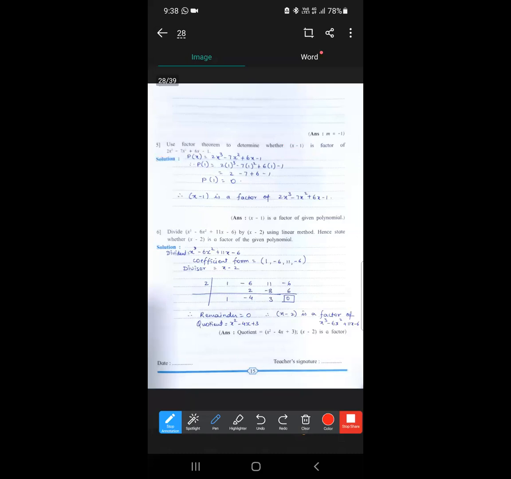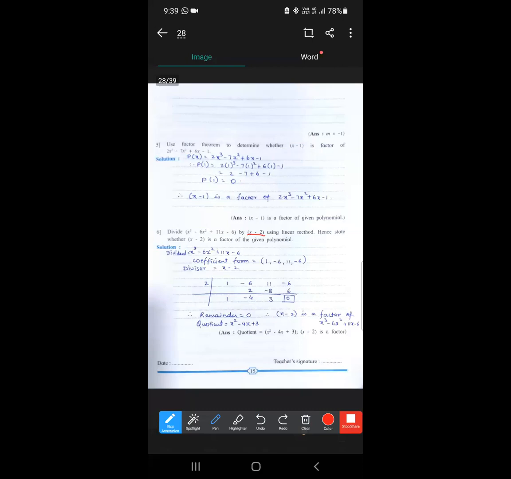Next question, that is question number 6. Divide x cube minus 6x square plus 11x minus 6 by x minus 2, using the linear method.